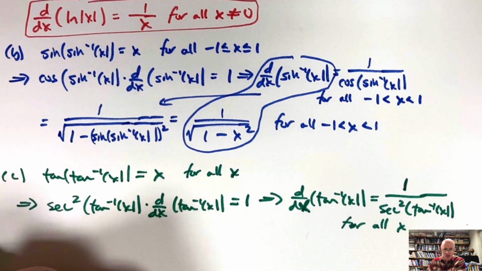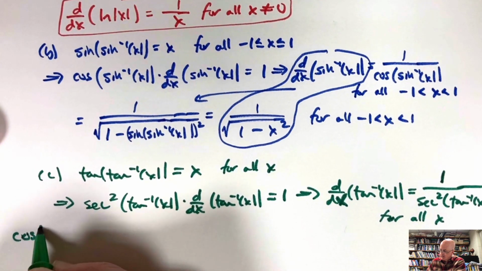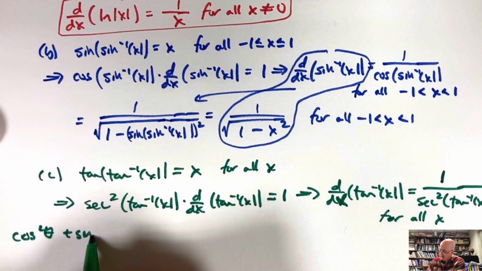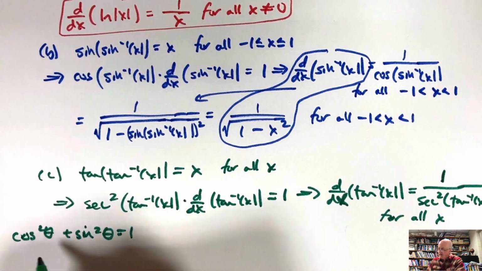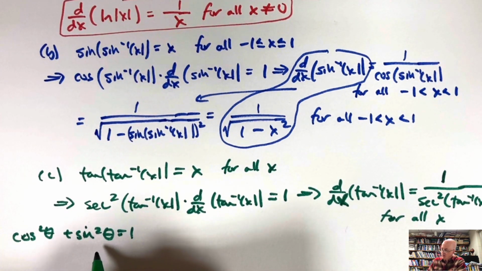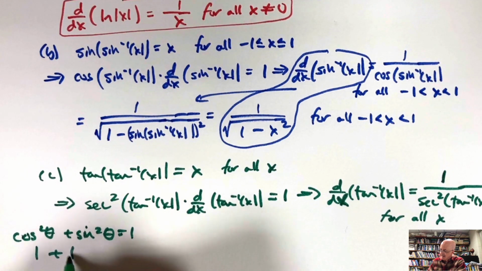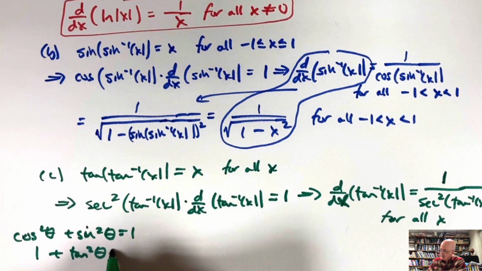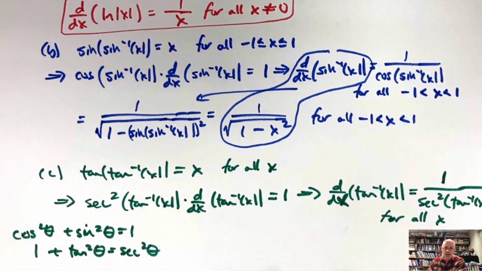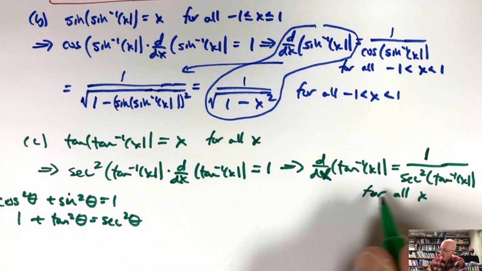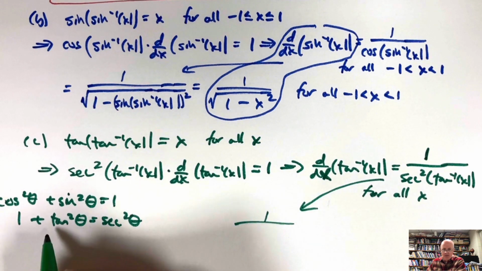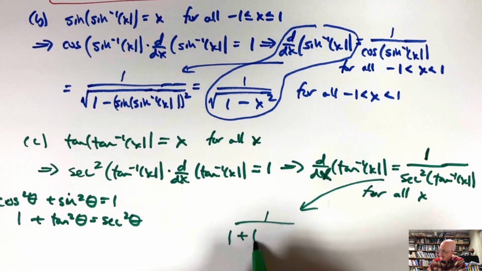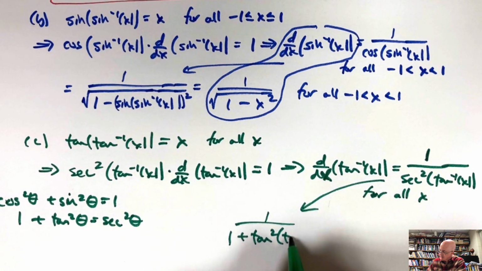Again, you've got the fact that cos squared theta plus sine squared theta always equals 1. That's the Pythagorean identity. If you divide this equation by cos squared theta, it becomes 1 plus tangent squared theta equals secant squared theta. So this secant squared of inverse tangent of x can be rewritten as 1 plus tangent squared of inverse tangent of x.